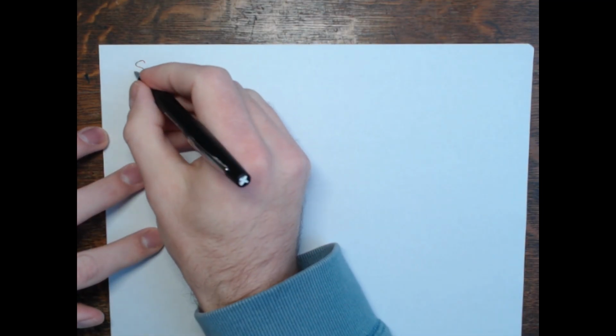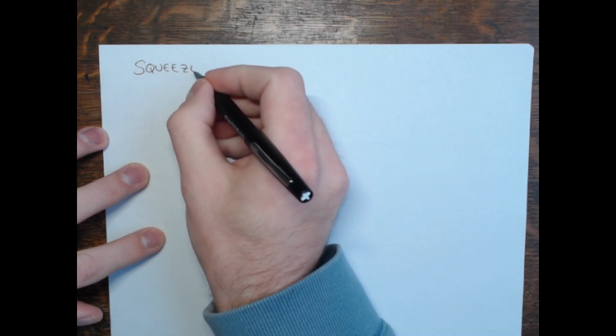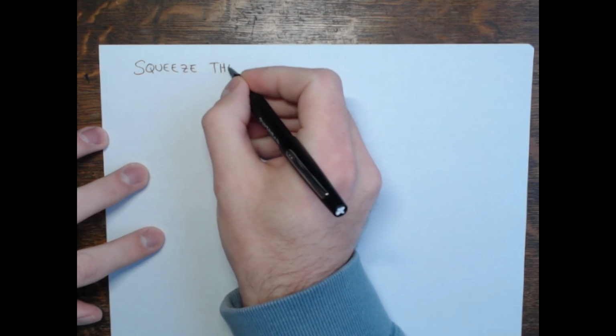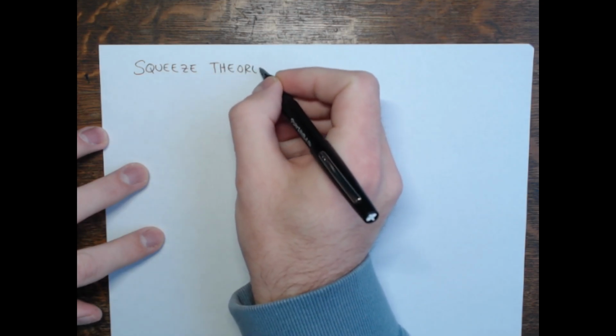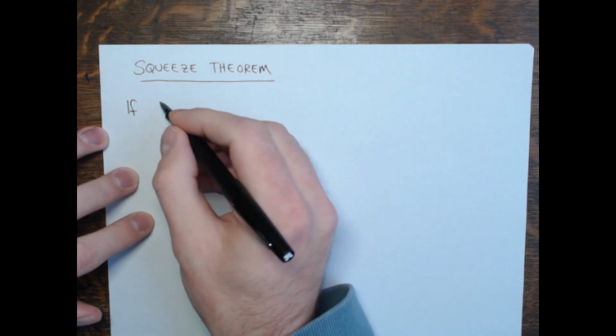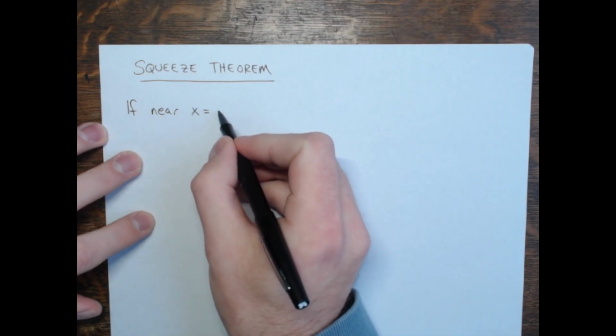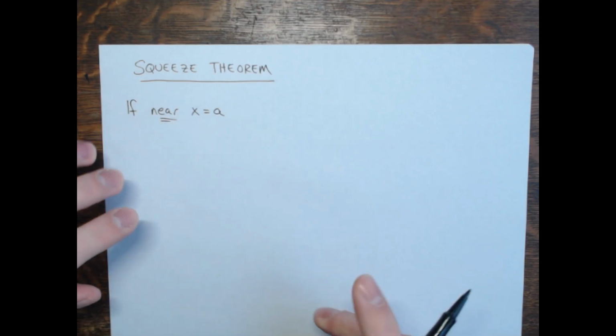Explain what it's saying. This is if near x equals a. Okay, so not at x equals a, but near it, right?